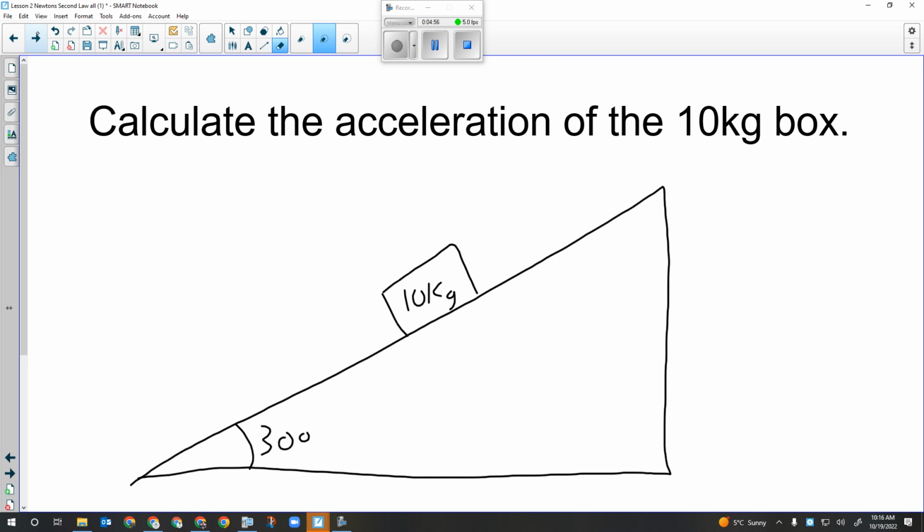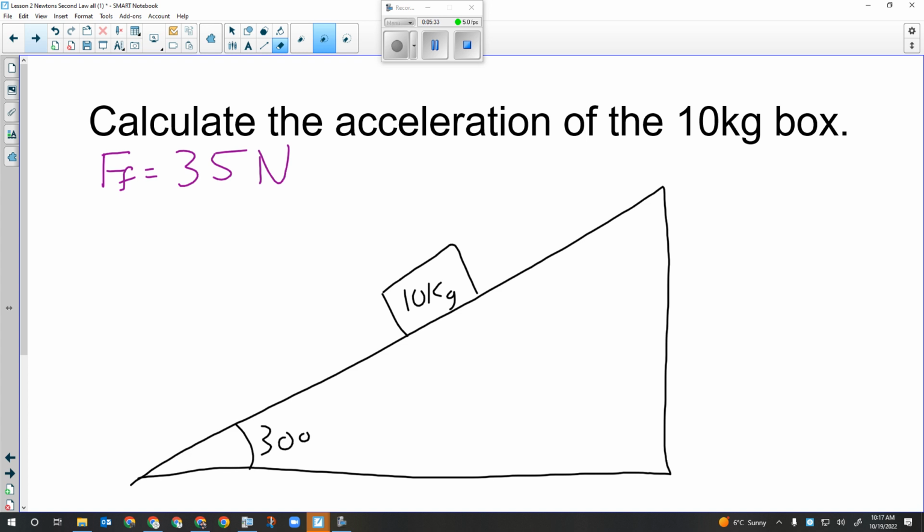Okay. Let's see. Yeah, we did this one. But I want to see how much you remember. So I'm going to say that this 10 kilogram box has been placed on this incline where the force of friction is 35 newtons.